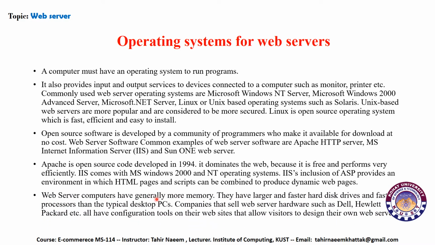Web server computers generally have more memory. They have larger and faster hard disks and a faster processor than a typical desktop PC. So whenever we select hardware for our web server, we tend to select systems that have greater memory than a usual computer, and a greater amount of hard disk space because it is used to store a large amount of data, and we also use faster hard disk technology.